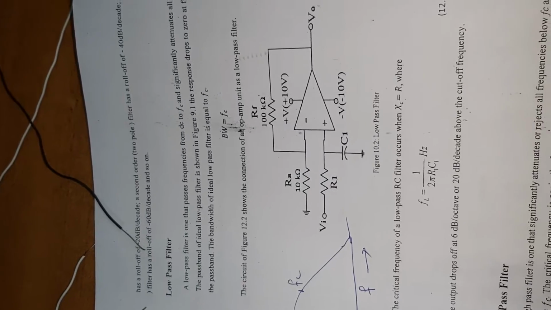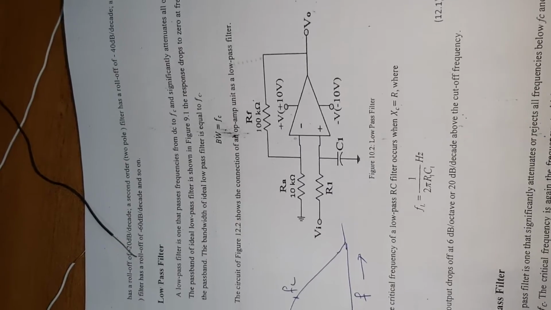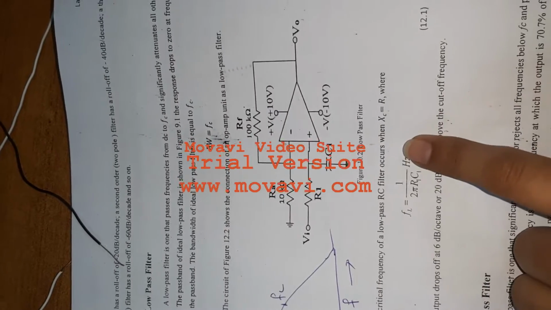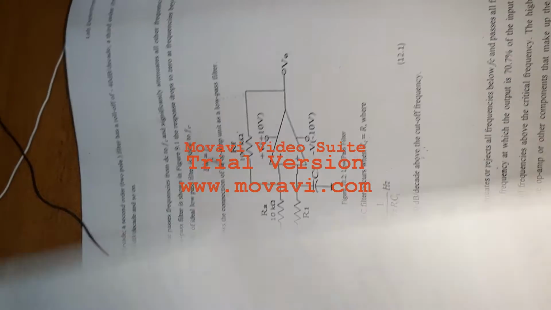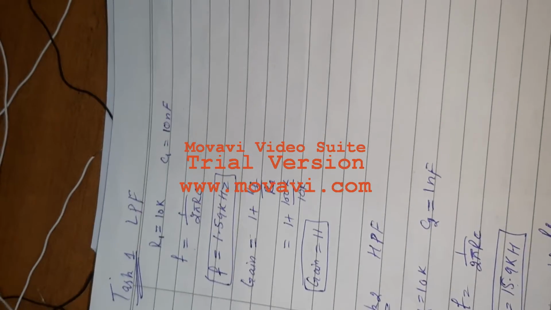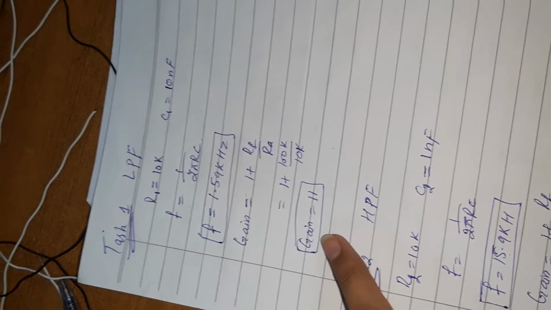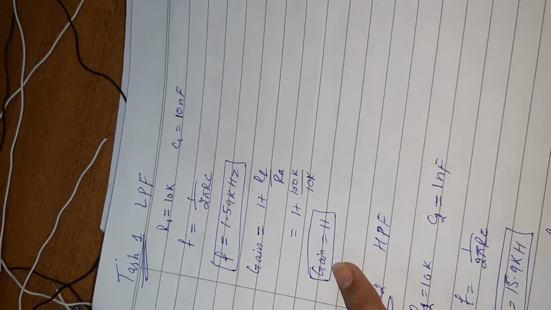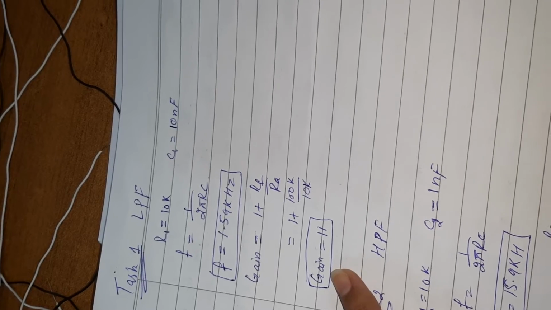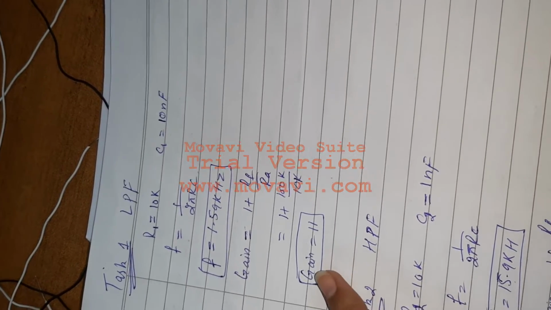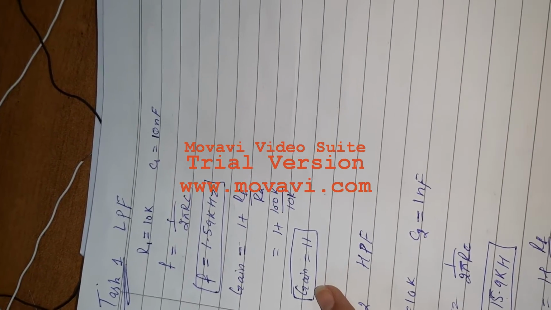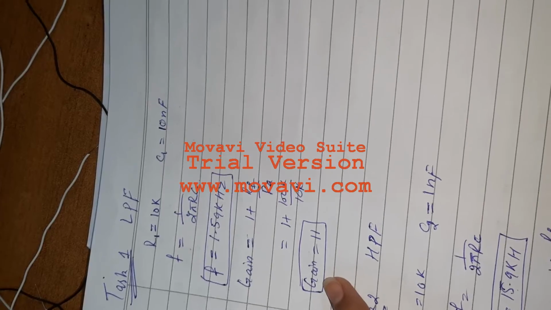To determine its cutoff frequency, we will use this formula FL, and according to this formula, the cutoff frequency is 1.59 kilohertz, and the gain of the amplifier is 11. We have to prove both these things on the hardware, that is the cutoff frequency and the gain of the amplifier, and the frequency response of the amplifier.